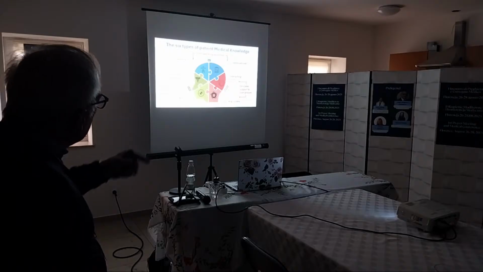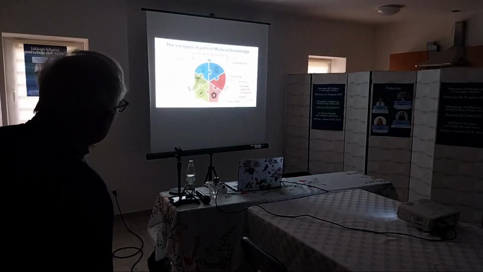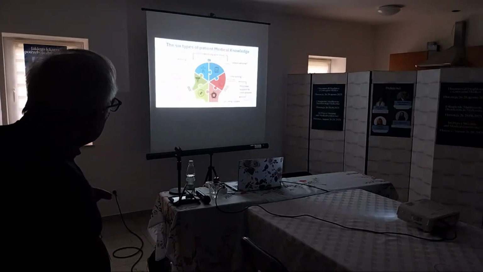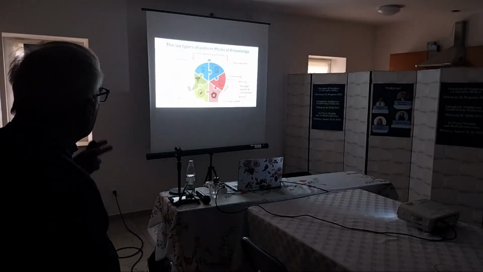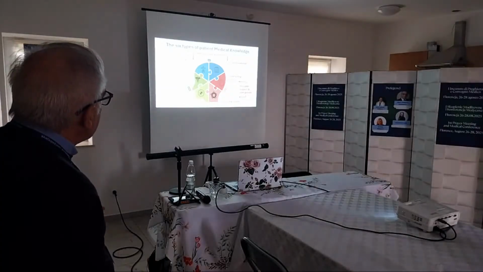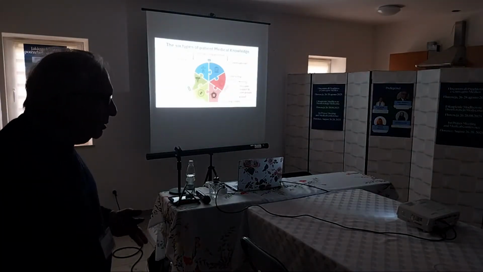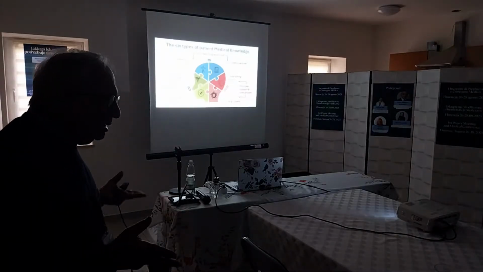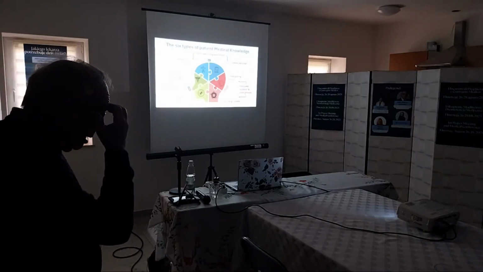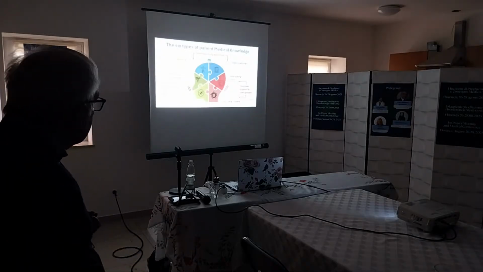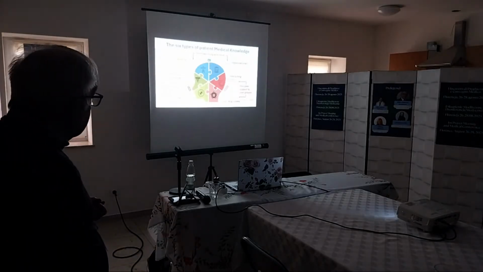And then there is the group based on community knowledge, and there are two types: relational knowledge and cultural knowledge. The first one is, for example, community groups that unite and discuss problems, and they acquire knowledge from those encounters.